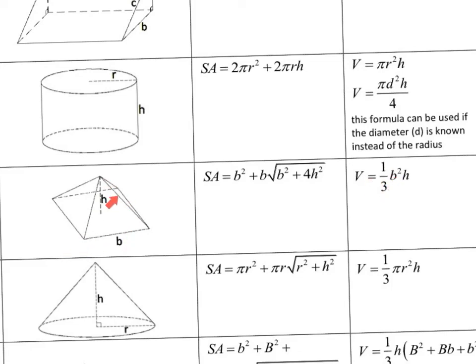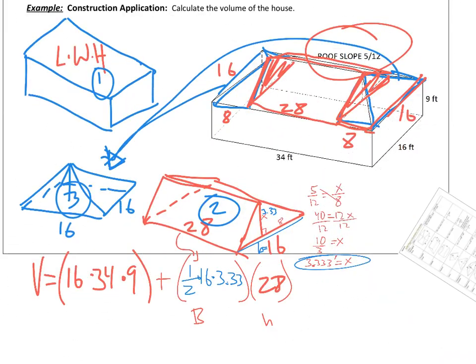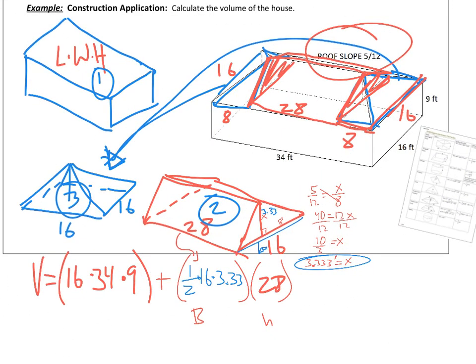B squared is the area of the bottom. This height is like a tent post, so we're going to use that to find the volume of that little pyramid. So we're going to have 1/3 times 16 squared times the height, which was that tent post, at 3.333.